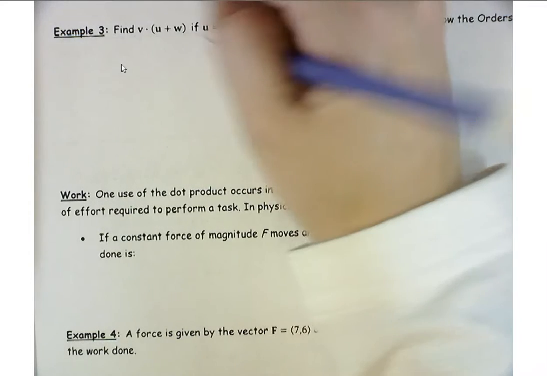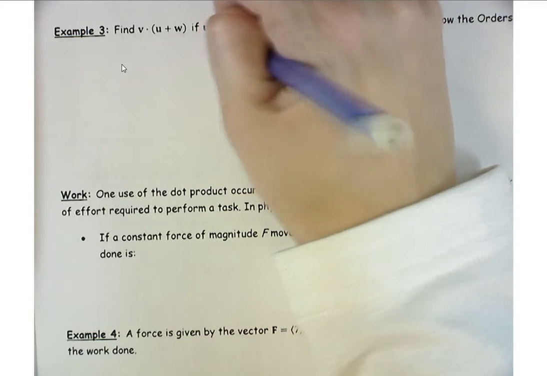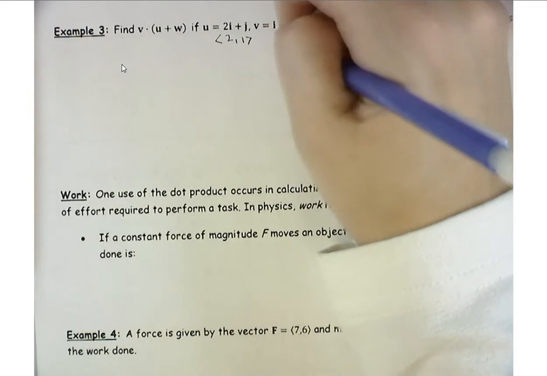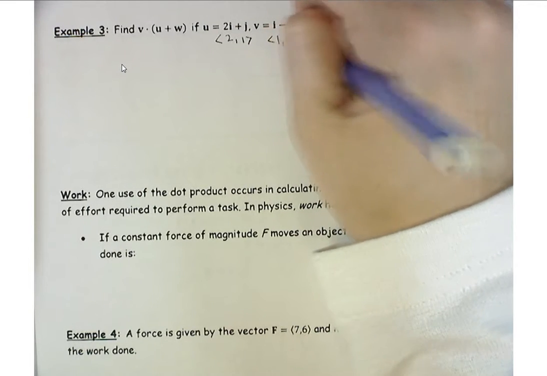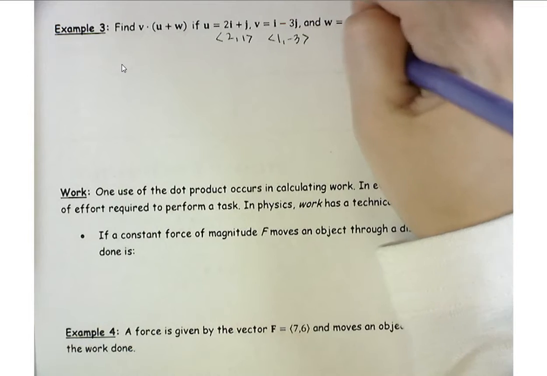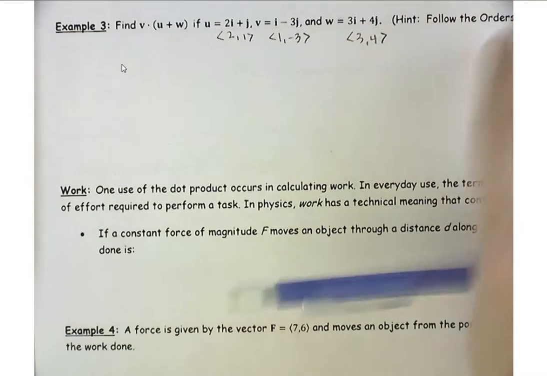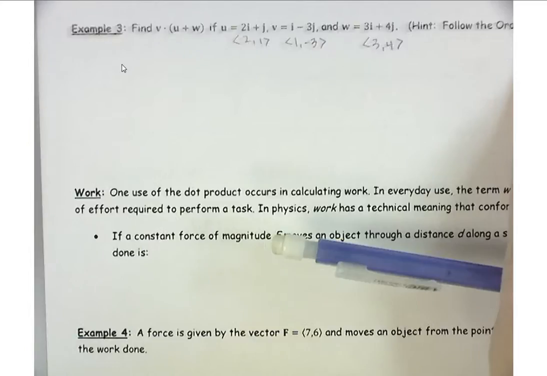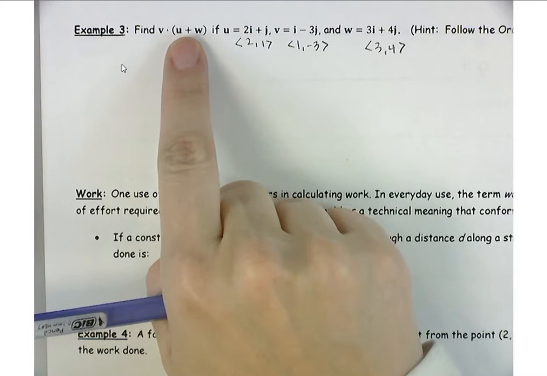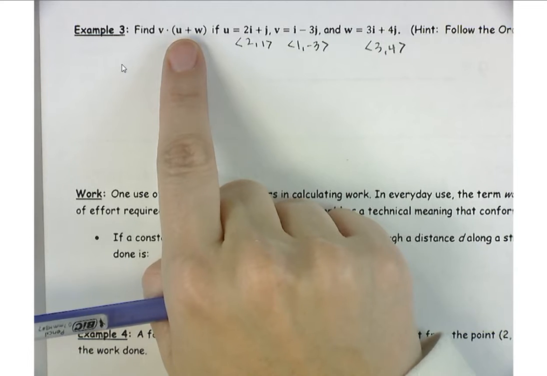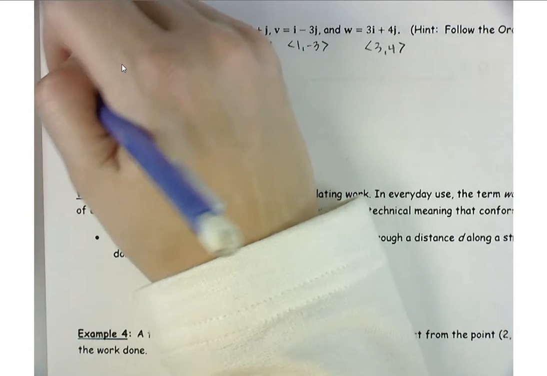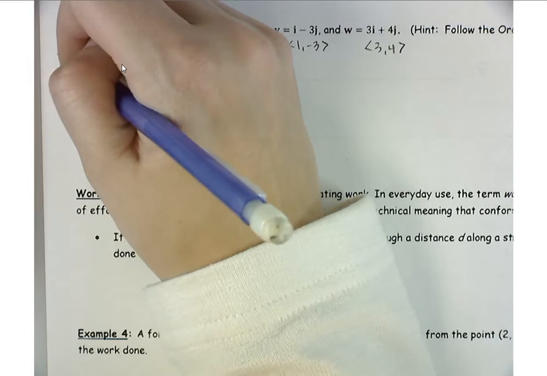So what I would do is rewrite this as (2, 1), and this would be (1, negative 3), and then this would be (3, 4). So if I'm going to follow the order of operations, then what I'm going to do first is what's inside the parentheses. So I'm going to do the U plus the W.